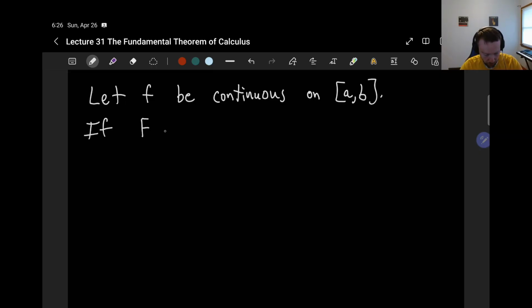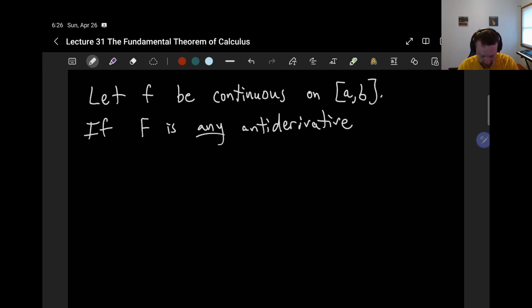Then if capital F is any antiderivative, remember there's always more than one when you include the plus constant, but it can be any antiderivative, so we choose the most convenient one.